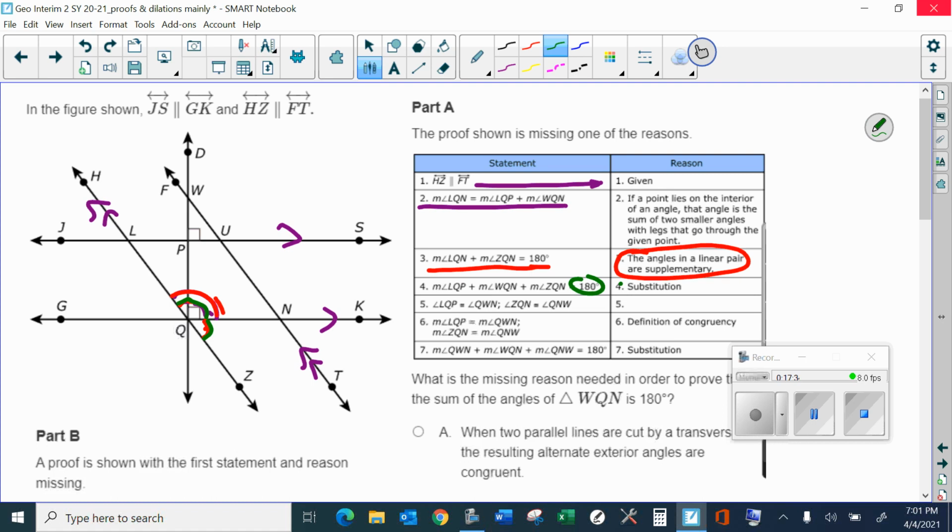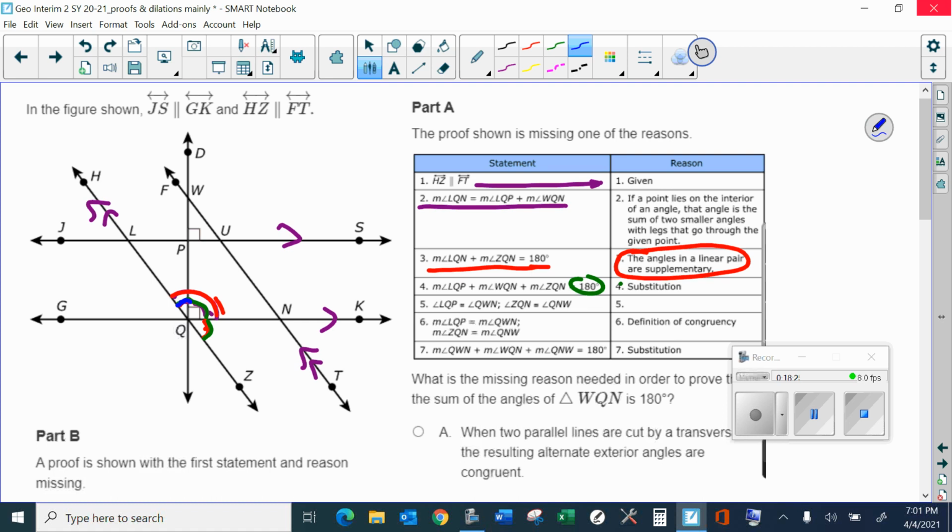Now it's asking about LQP. We'll change the color again so you can see LQP equals WQN. Hold on, I was reading it wrong.